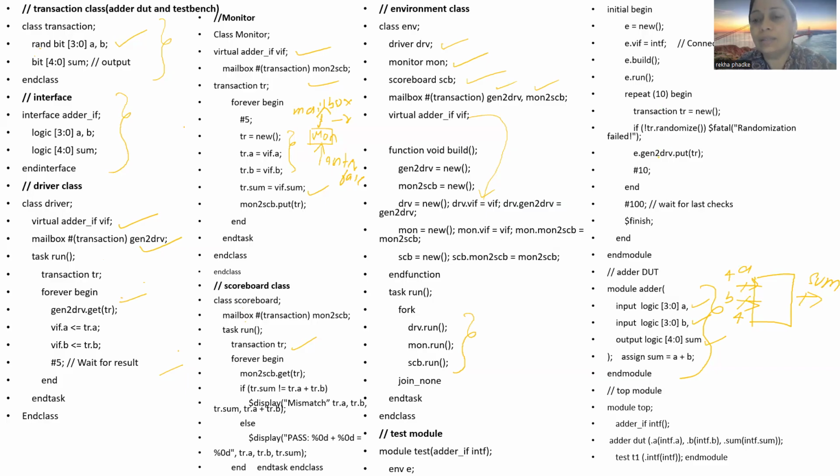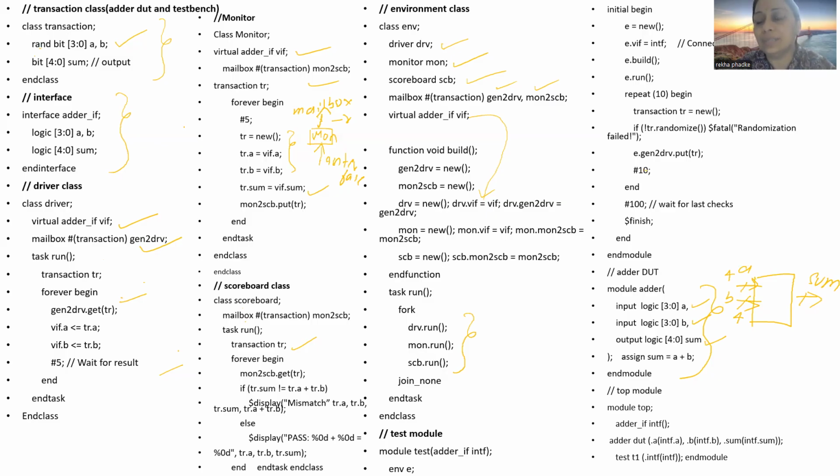These test cases, every time the values of A and B are generated, we put in the mailbox gen to DRV. So the mailbox gets 10 different test cases of the transaction packet, which are then given to the DUT via the interface, and the DUT evaluates the expression sum is equal to a plus b with these 10 different test cases.